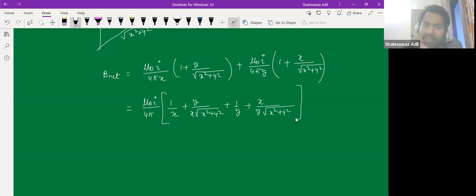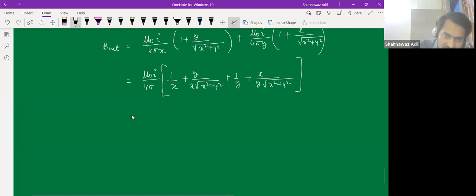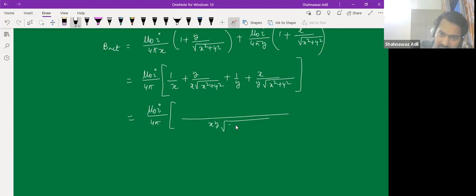So this is right. If I take the LCM of this thing, how much will I get? I will get xy root of x square plus y square. So this is the LCM. If I divide this by this, then I'll get y root of x square plus y square.